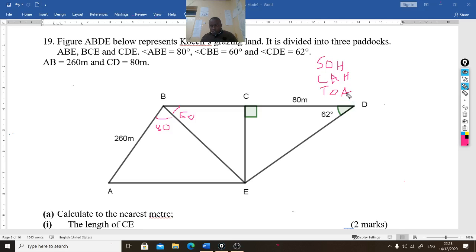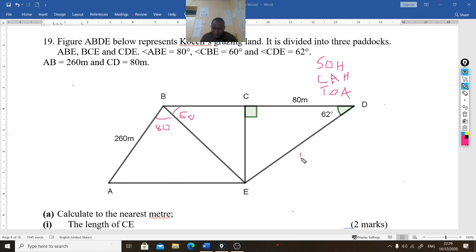Sine of theta, theta in this case is 62. This is adjacent, and this is opposite. I'm dealing with the opposite and the adjacent, and that one is the tangent. Tan of theta is opposite over adjacent. Cos of theta is adjacent over hypotenuse, and sine of theta is opposite over hypotenuse. So I'm dealing with CE, which means I deal with the tangent.